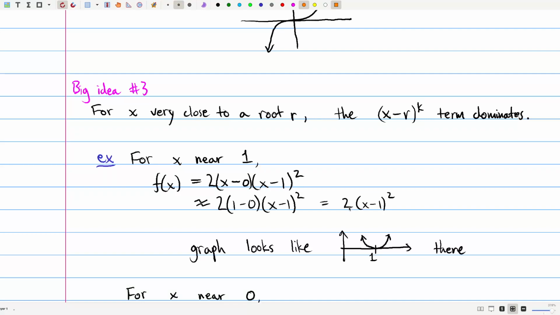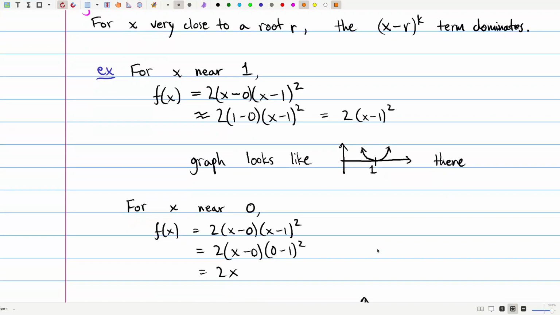And the 2 out front scales that by a factor of 2 vertically. So the graph looks just like a parabola, stretched out vertically by a bit. If this were negative 2, the graph would be flipped over, but in this case it's just x squared looking, and it's centered at 1.